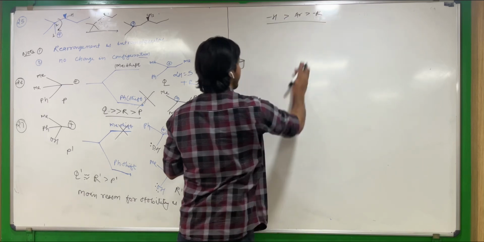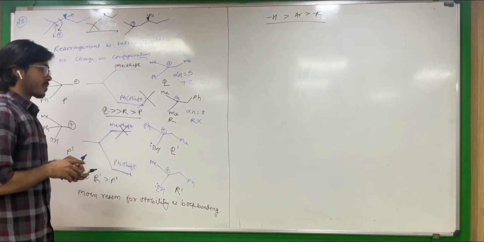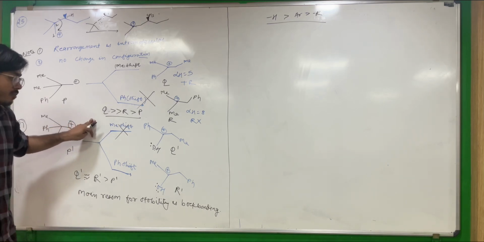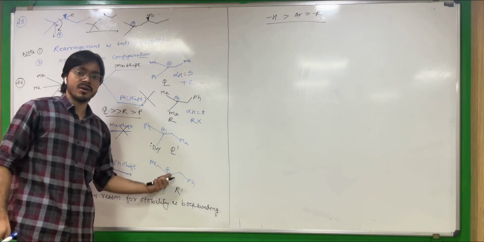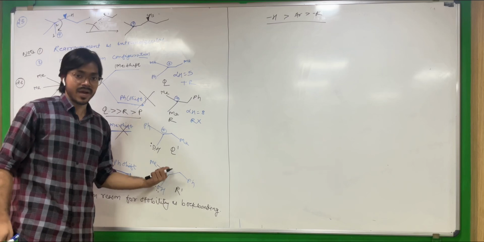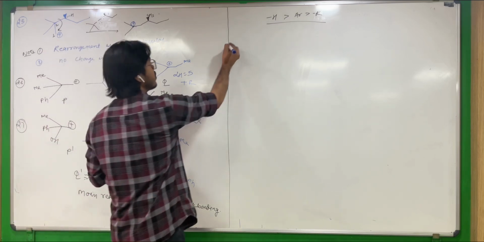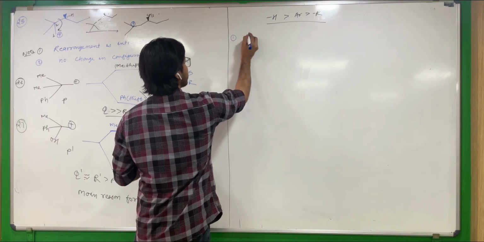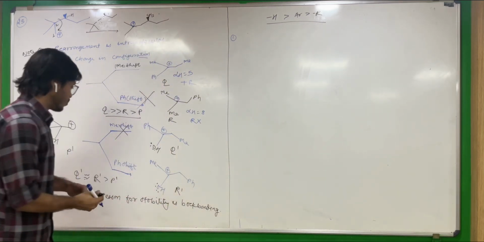Now when to follow this migrating aptitude? We have to follow this migrating aptitude when the carbocation formed is stabilized by back bonding. So in this case we have to do phenyl shift.